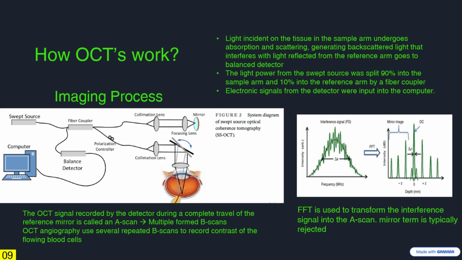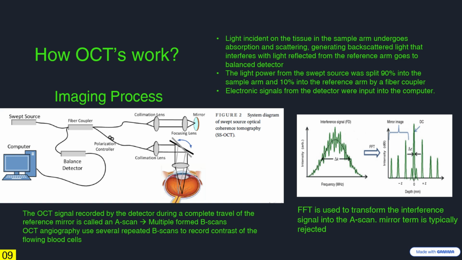After the backscattered light recombines with the reference arm, the electric signal from the detector is input into the computer, and this interference signal is processed by FFT to become the interference signal of the A scan.